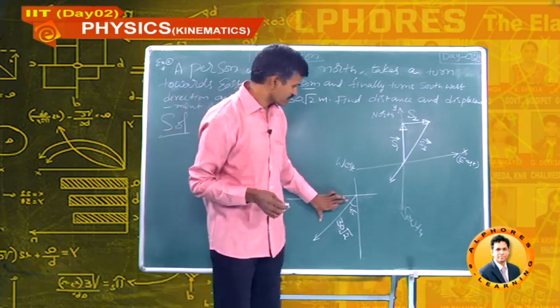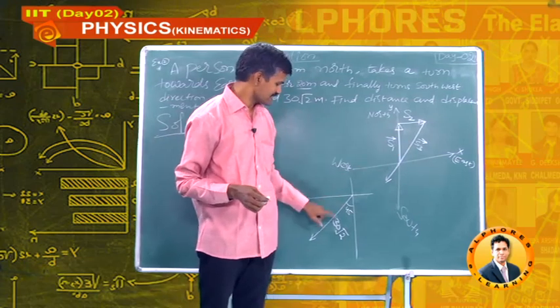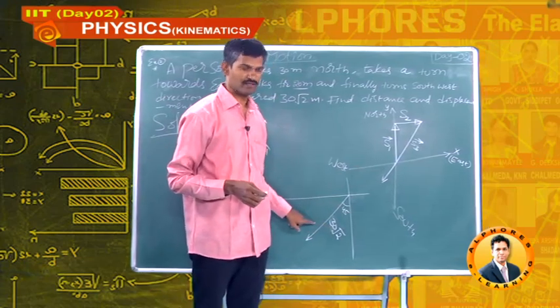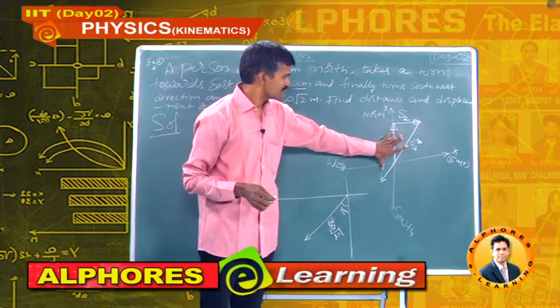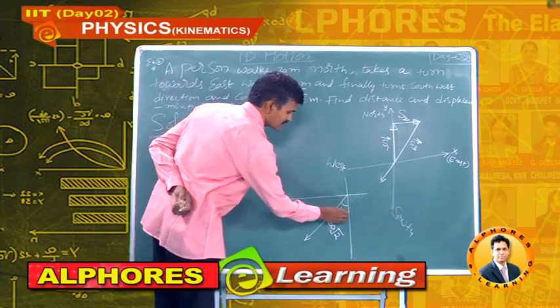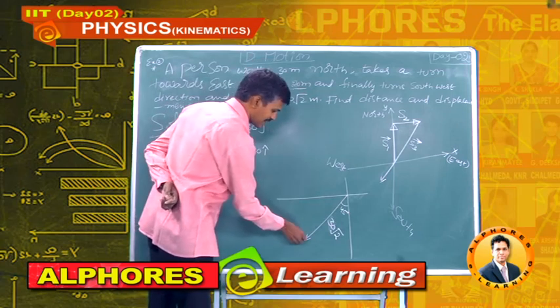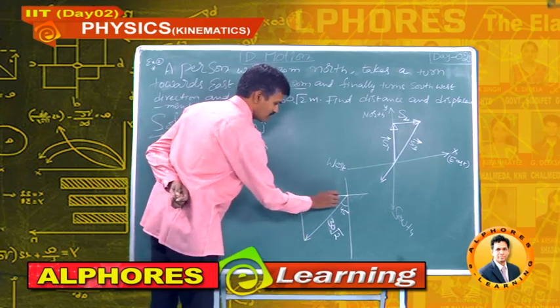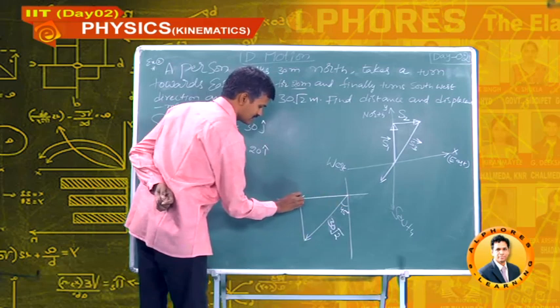To represent the vector, we should not change its magnitude and direction. So I just consider this vector at the origin, and its angle is 45 degrees. I can take a component of this vector in this direction.